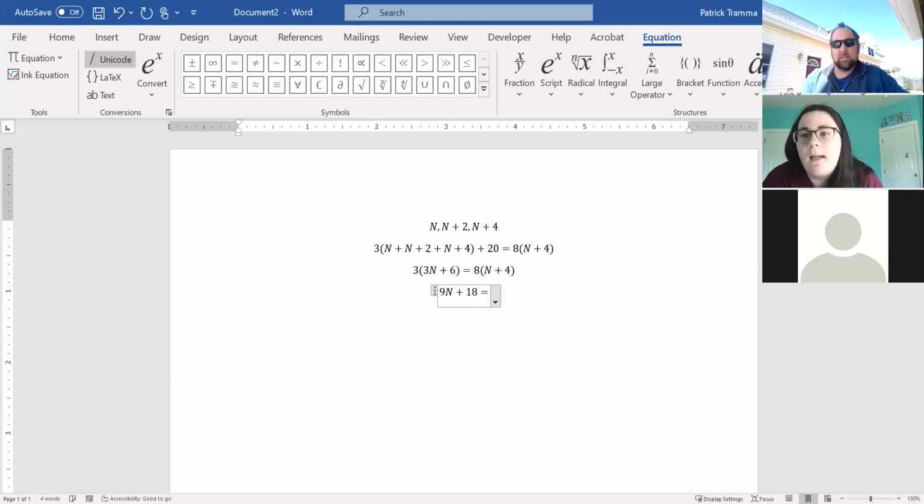Exactly. Equals the other side, 8n plus 8 times 4, 32. That looks right. And now let's move the 8n to one side, the 18 to one side.